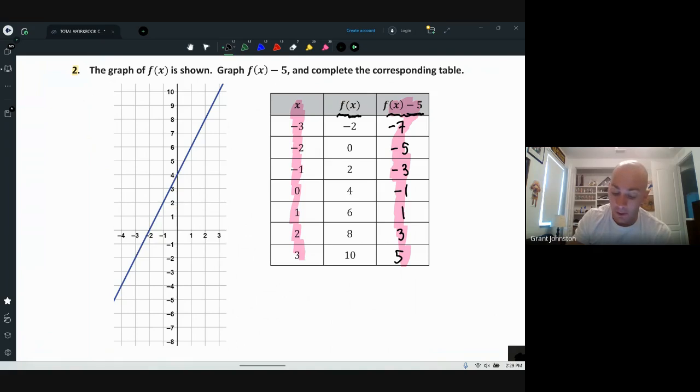Okay, so let me plot these points anyways. Negative 3, negative 7 would be here. Negative 2, negative 5 is here. Negative 1, negative 3, 0, negative 1, 1, 1, 2, 3, and 3, 5.